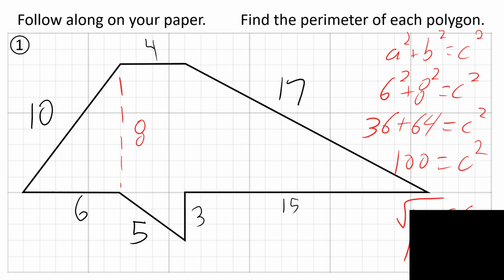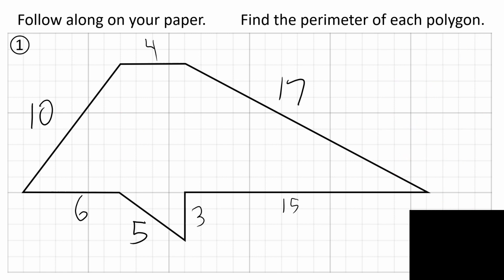Now I know all of the exterior lengths. So for the perimeter, I just need to find the sum of those distances. One method is just to do a big vertical column. Some of you instead might want to chunk them. Say, hey, I'm going to take the 17 and the 3.